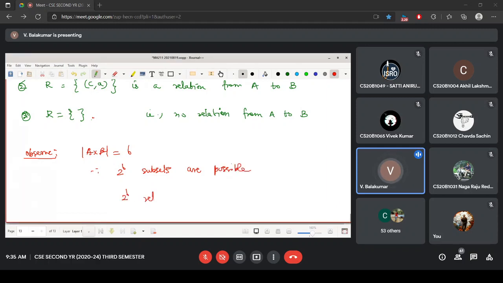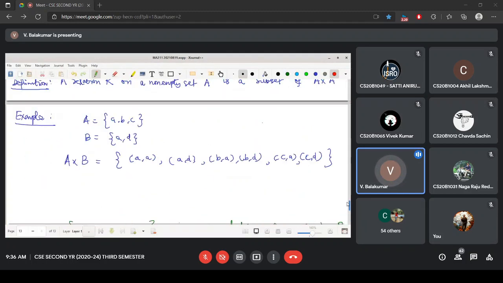So 2 power 6 relations are possible from A to B. That's it.